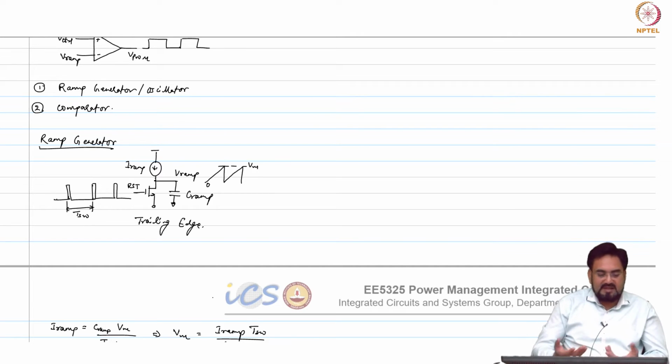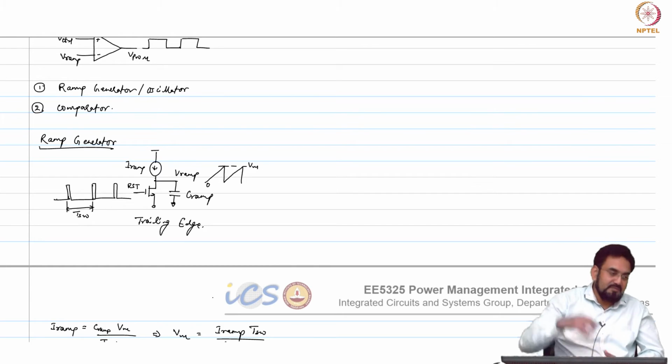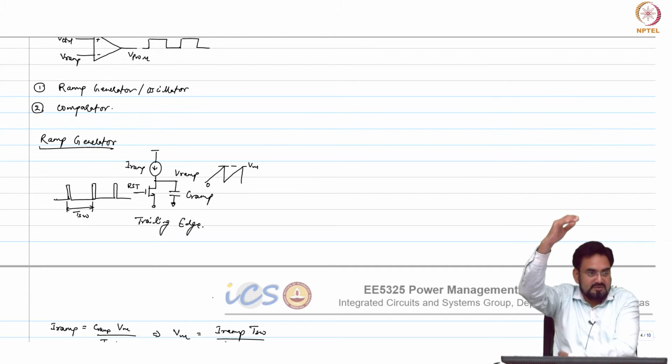So, as long as we remain above 500 millivolt, you are not going closer to the limit.